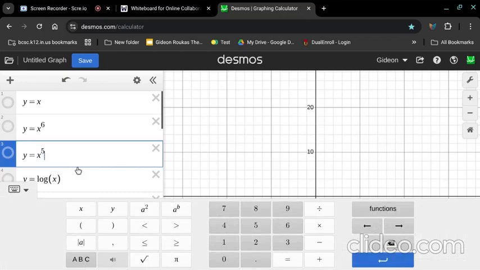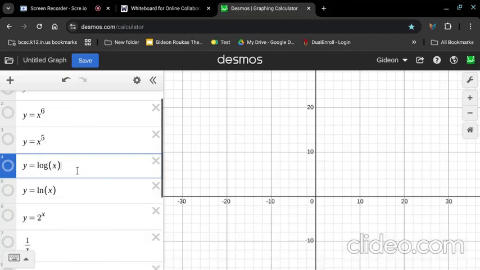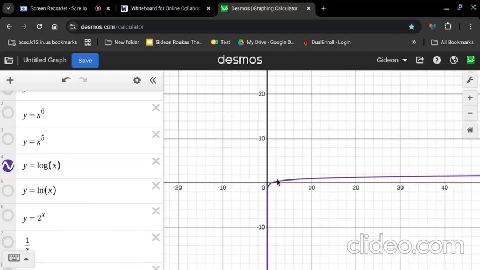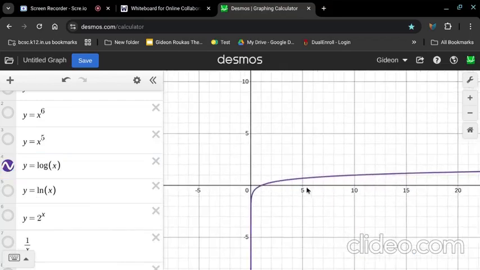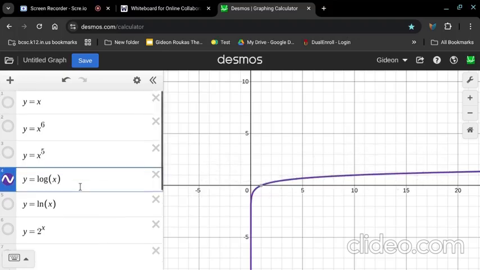Next, you have the log functions, which are going to be more complicated, and you'll learn them and their uses later, but for now, this is what they look like. If you've seen a cube root of x or a square root of x, they all look very similar to this, which I can show you down here.